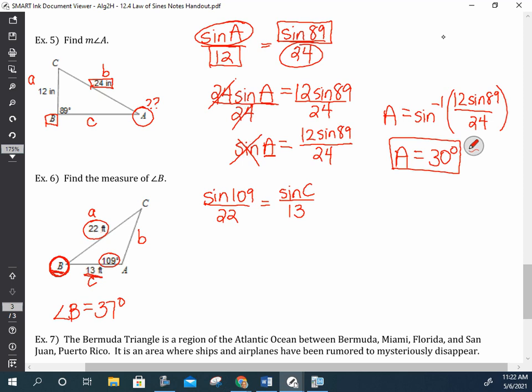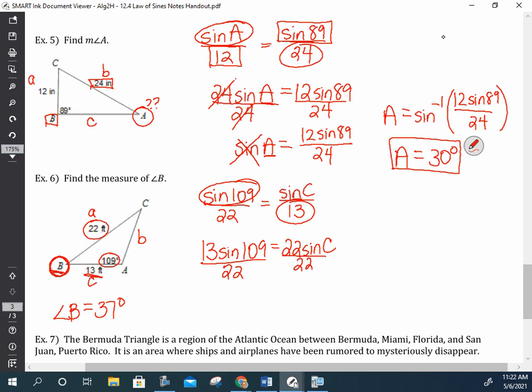You first got to get angle C and then use it to get angle B. Cross multiply. And if you have a question, make sure you ask. Ultimately, you have to know how to solve it yourself.